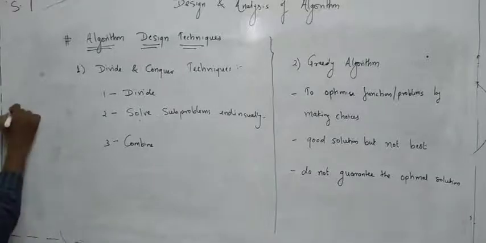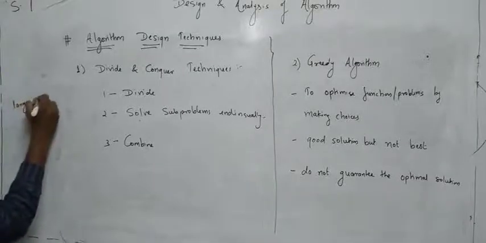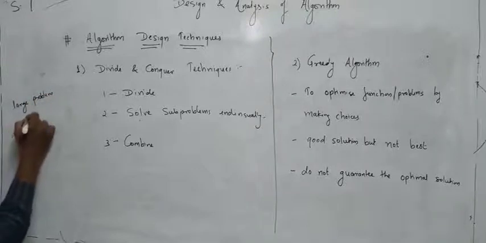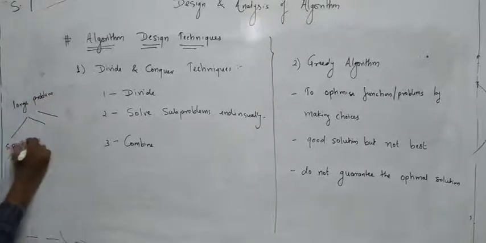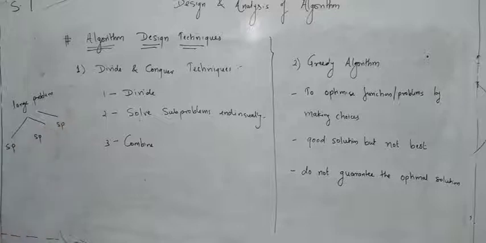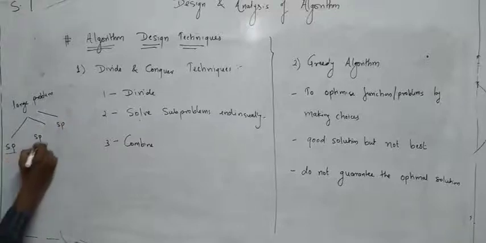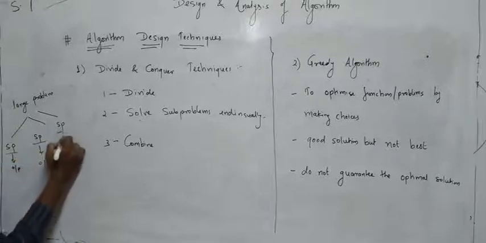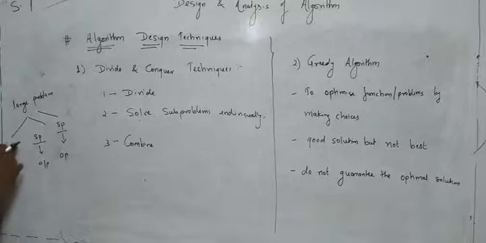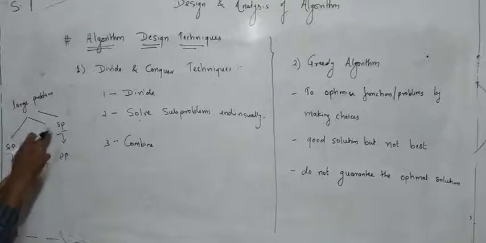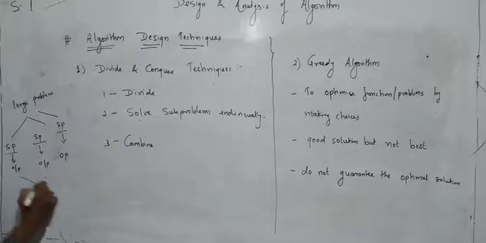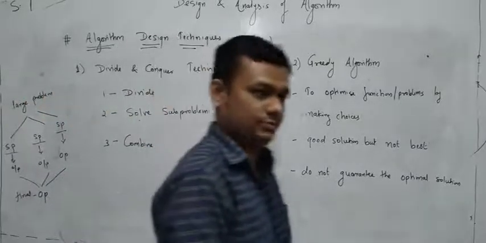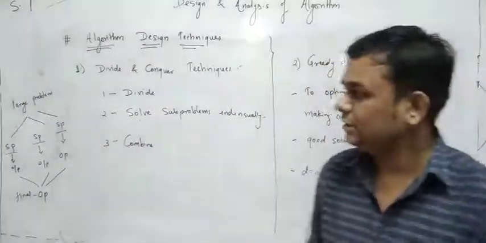We have to divide that large problem into a number of sub problems, and we have to execute those sub problems individually and produce the output. Means the output of sub problem 1, output of sub problem 2, and output of sub problem 3. And after that, we have to combine those outputs and produce the final output. That is the divide and conquer algorithm. It is very easy to perform.